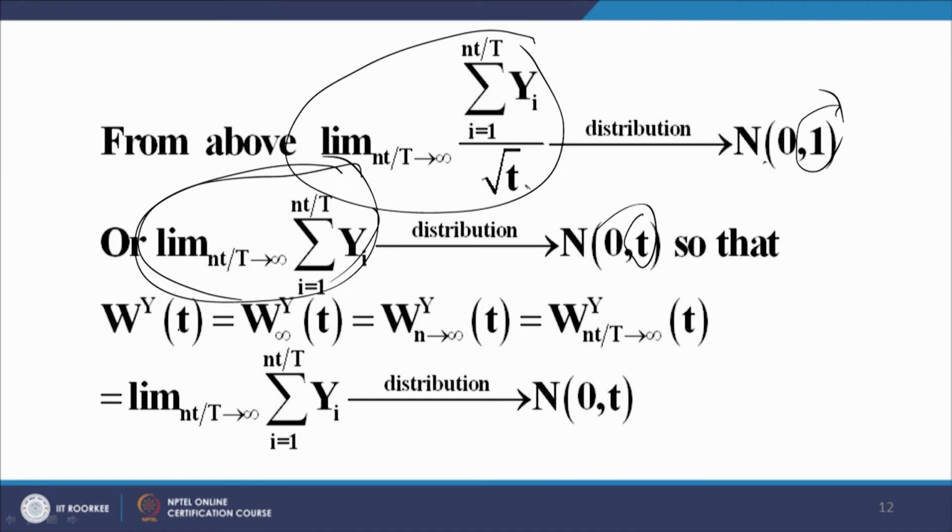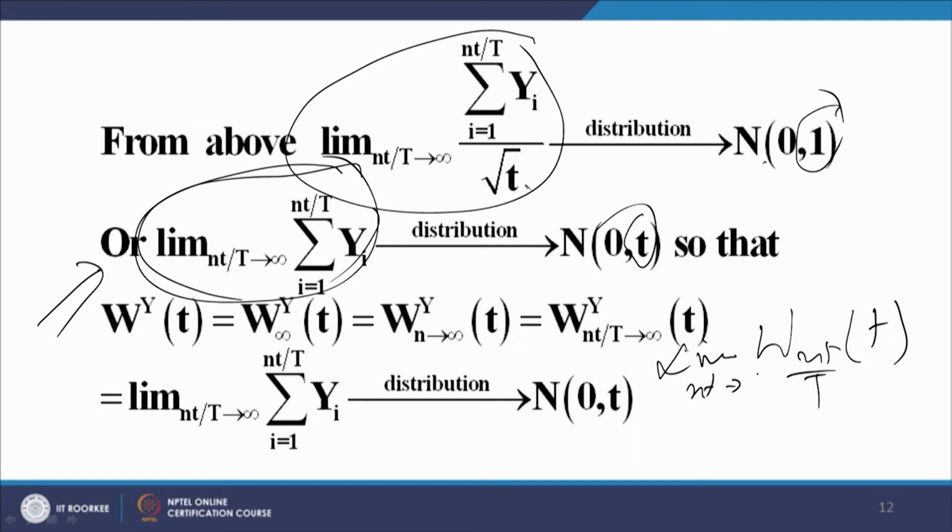But this expression is nothing but W n t upon capital T of small t. And please note, in the limit, of course, I have not mentioned limit n t tending to infinity. So, I must write here limit n t tending to infinity.